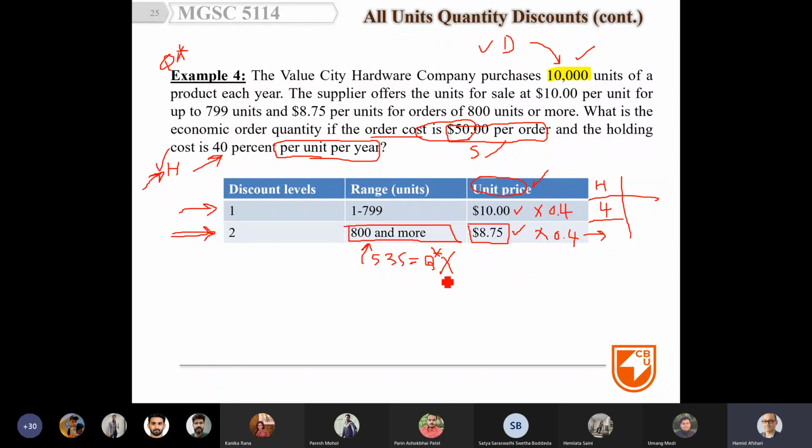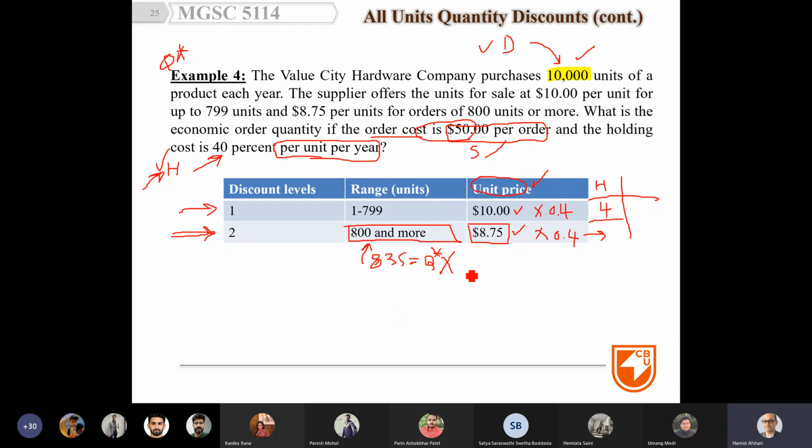So what should I do if it is not valid? We should go to the second step. Exactly. What if it was valid? For example, if it was 835, we could purchase the orders at $8.75. So everything was okay.